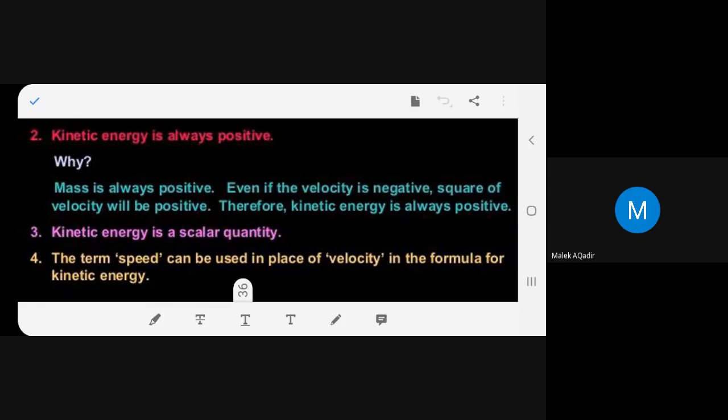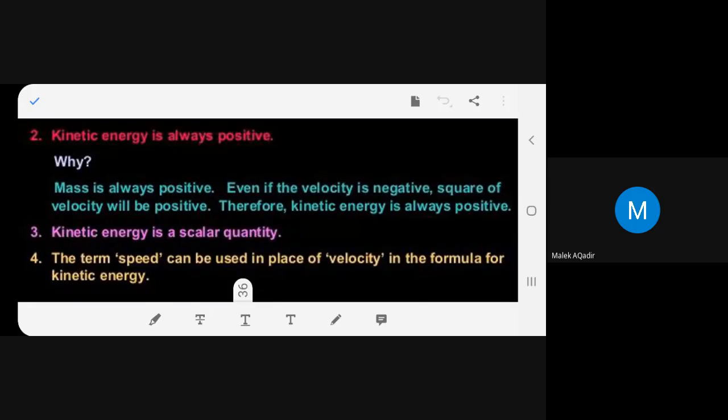Kinetic energy is always positive. Why? Mass is always positive. Even if the velocity is negative, square of velocity will be positive. Therefore, kinetic energy is always positive. Do you follow it? Because if the velocity is negative, for example, you are applying a brake and it comes back, it is negative.